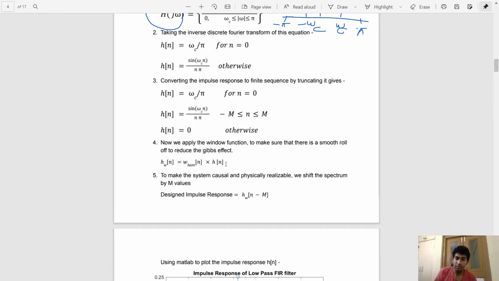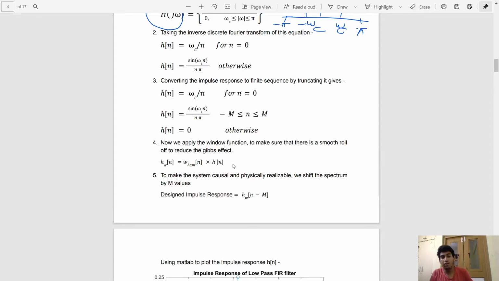We just multiply the corresponding values of h of n and w ham of n, and this gives a very nice impulse response which decays as it goes to the endpoints. It will be truncated, so it will be a finite impulse response.